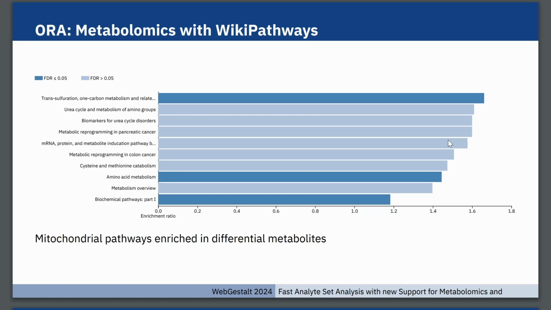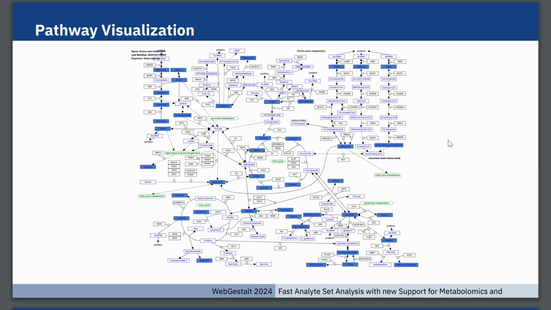And if you actually look at the amino acid pathway, again, it's very large. But you can see that these dark blue boxes here are the metabolites that were highly abundant, or had a very significant difference between the two different control groups. So again, you can visualize where in the pathway you see it, and you can draw some new conclusions.